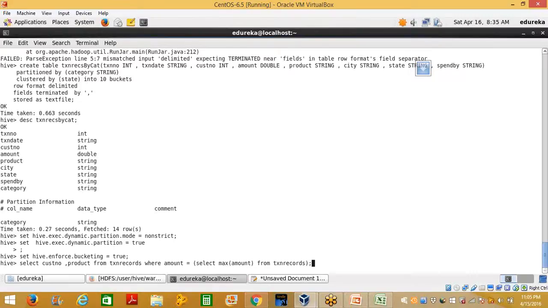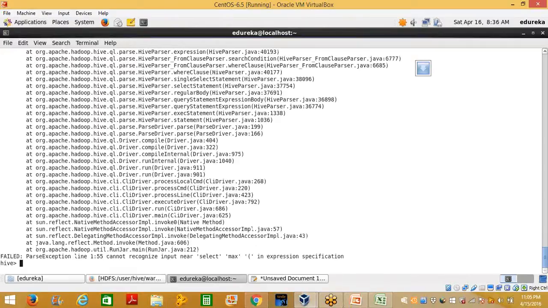Where amount is equal to select max of amount from TXN records. It says cannot recognize input here. Do we need to have that amount in the select list?